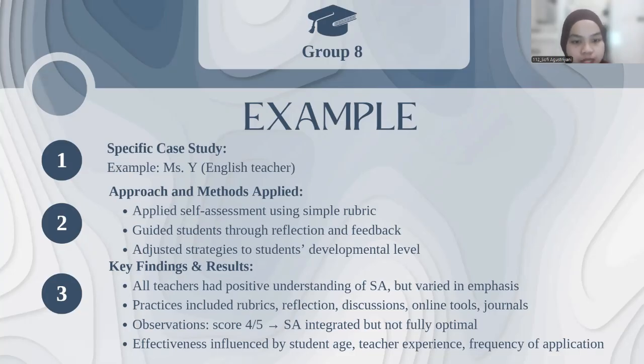From classroom observations, the average score was 4 out of 5, which indicates that self-assessment was fairly well integrated, but still not fully optimized. Its effectiveness was influenced by factors such as students' age, teachers' experience, and the frequency of publication.